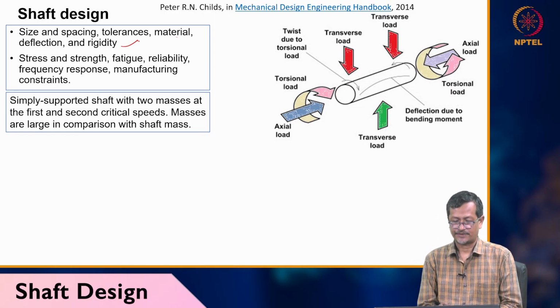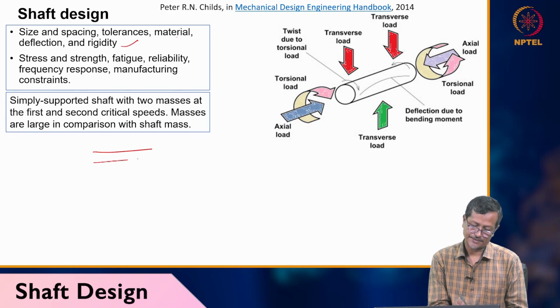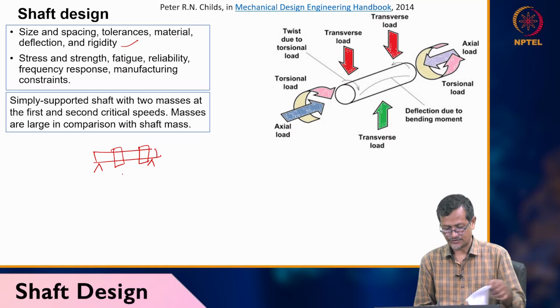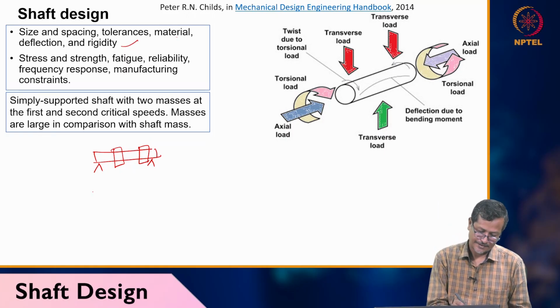So, a simply supported shaft with two masses. Let's say this is a simply supported shaft and masses are there. Then the critical speed will be changed. How the critical speed will change, I'll show you. Let's say one shaft is here and this is your fixed element.